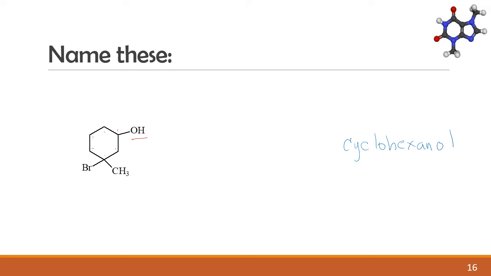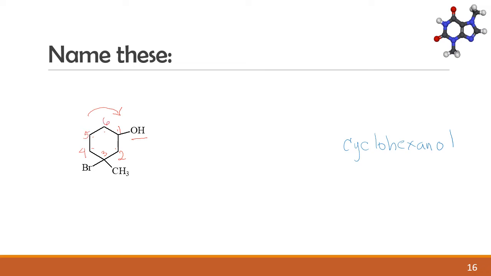The carbon with the hydroxyl group is automatically given the number 1. There are 2 substituents in this alcohol. They are attached to the same carbon. We number clockwise to give the substituents the next lowest number possible. So this is carbon 2, 3, 4, 5, 6.